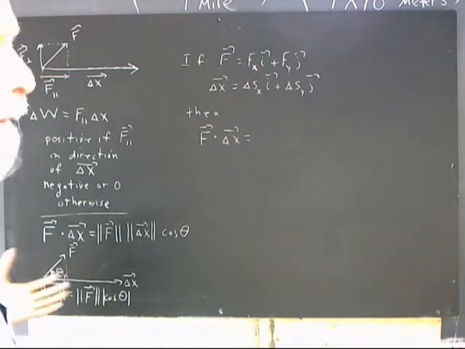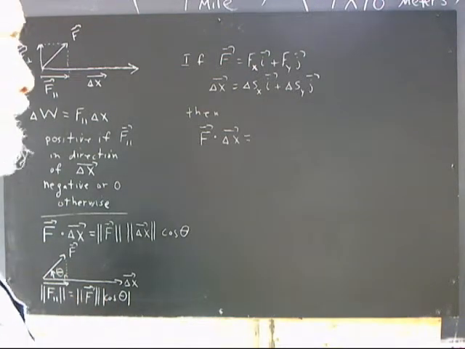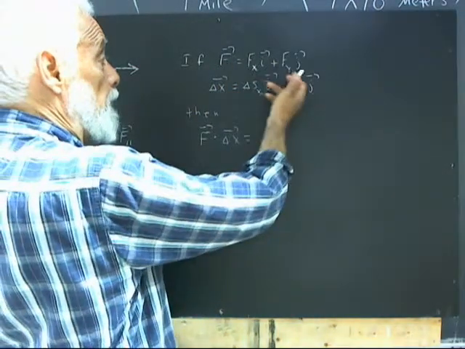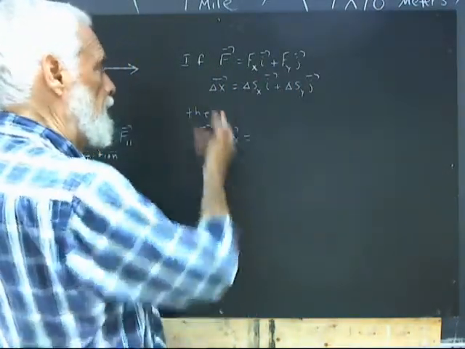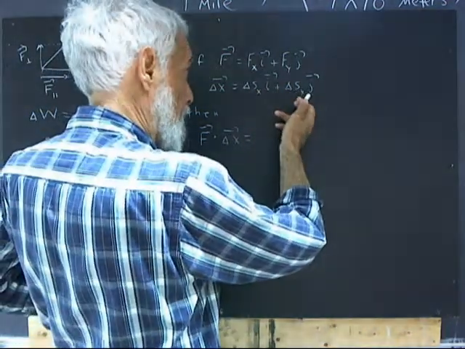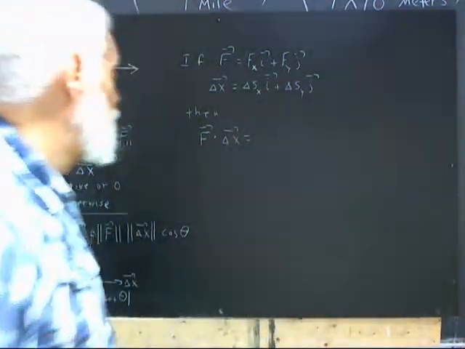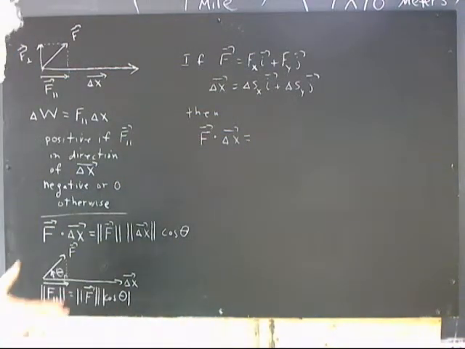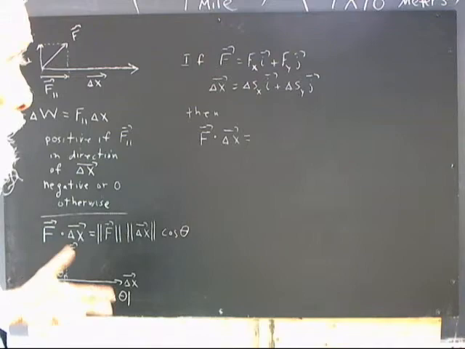The nice thing about a dot product is it's really easy to calculate. Let's say that F is equal to Fx i plus Fy j, and delta X is delta Sx i plus delta Sy j. Then F dot delta X is going to be calculated by a very simple calculation.